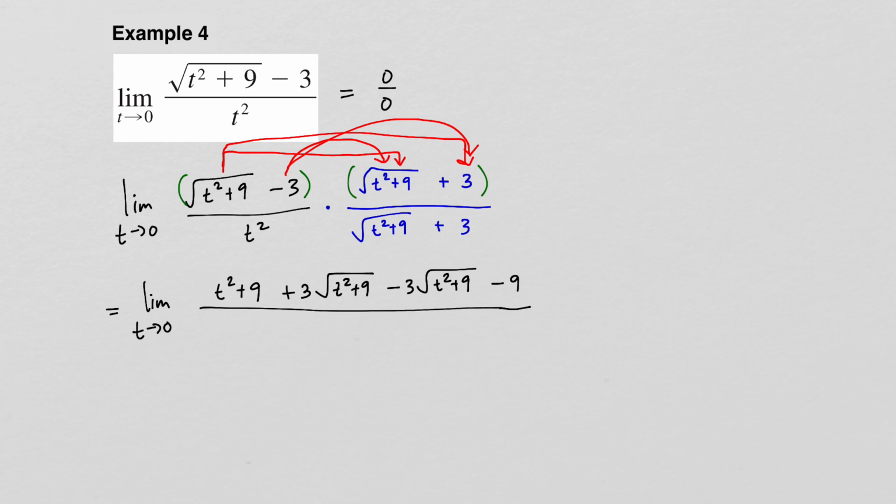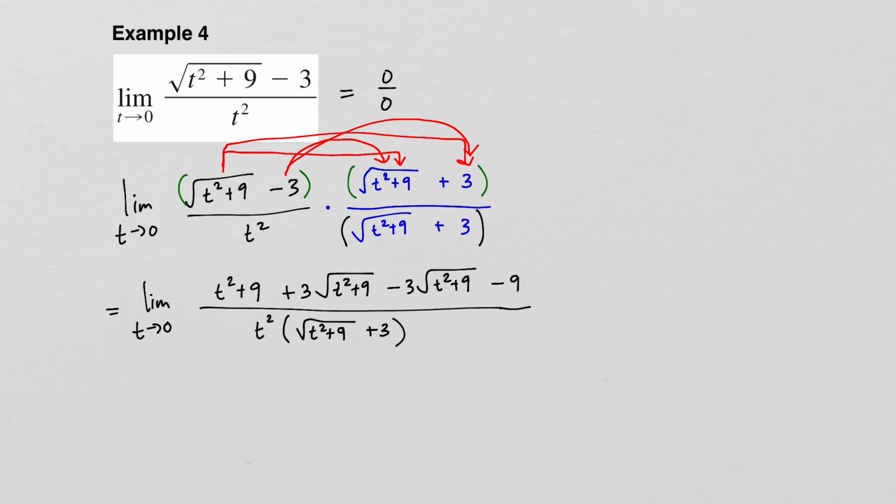Now, we'll pause here for a second, go ahead and go to the denominator. The trick in the denominator is don't multiply this out. Only multiply the conjugates. So in the denominator, I'm going to keep t squared factored out multiplied by the square root of t squared plus 9 plus 3. Okay, so don't distribute there.